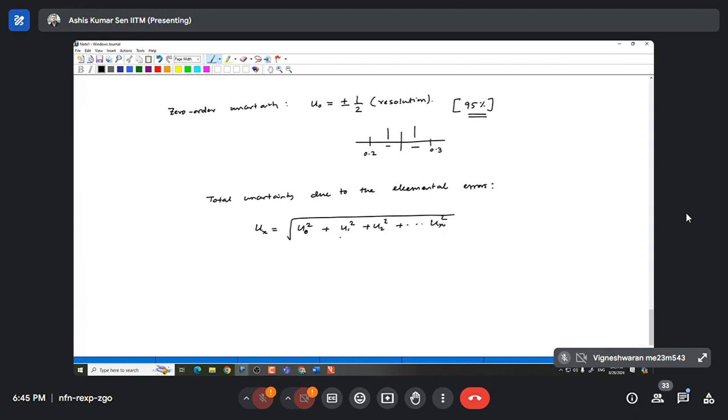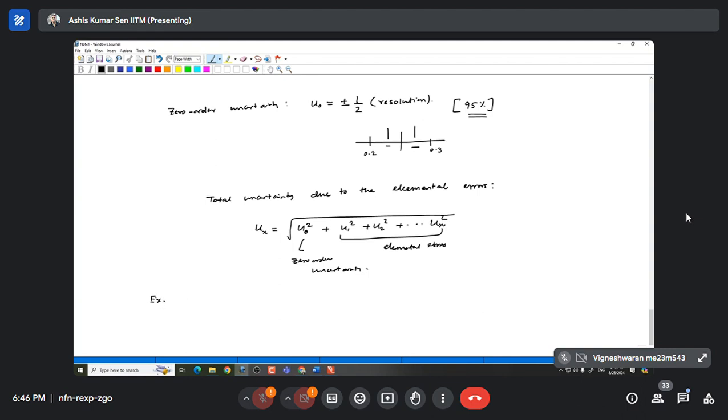So these are contributions coming from elemental error and this is coming from pseudo uncertainty. Okay, so I'll take an example where it will be clear.